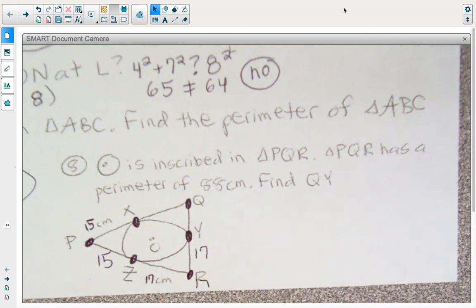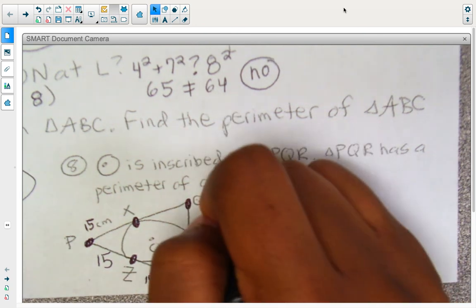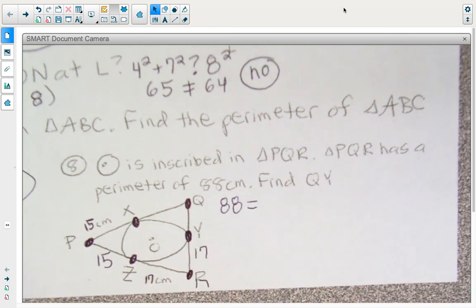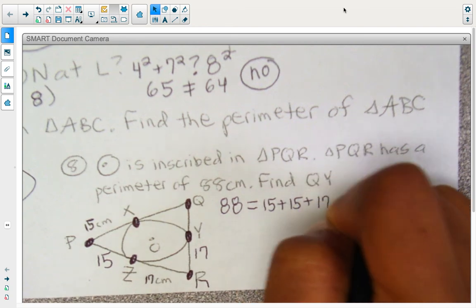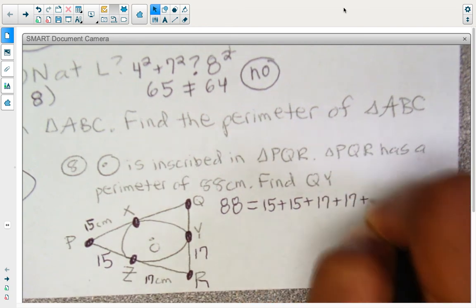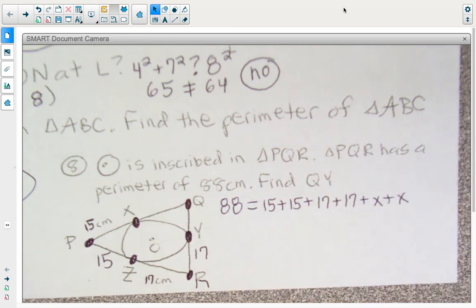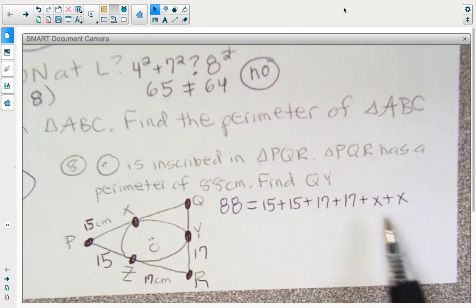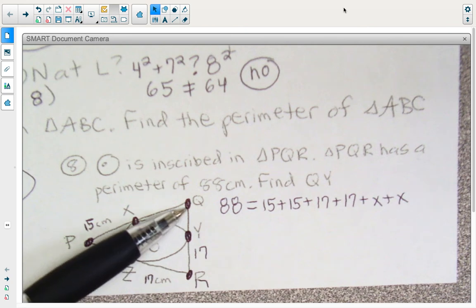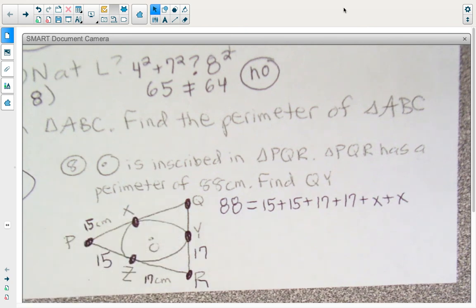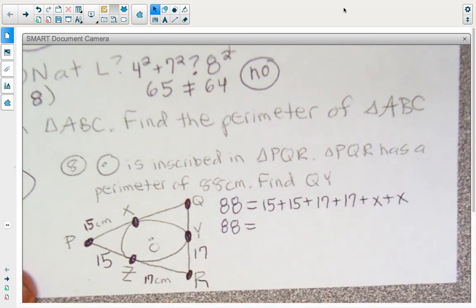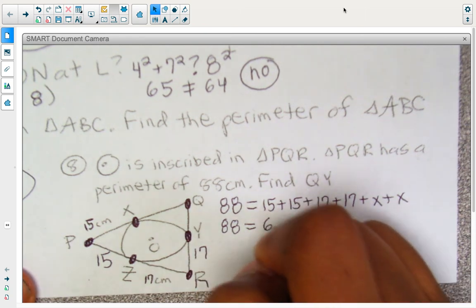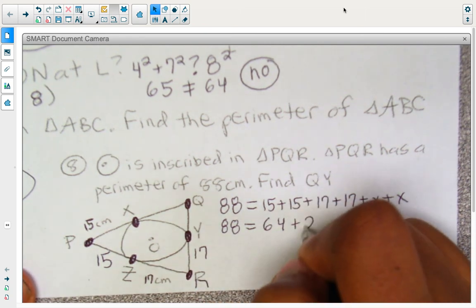So let's set up what we know. We know the perimeter is 88. So 15 plus 15 plus 17 plus 17 plus X plus X. I do not know what these two values are, but I do know that they are the same, because QY and QX are congruent to each other. 15 plus 17 plus 17 plus 15 gives me 64, and I got two X's.